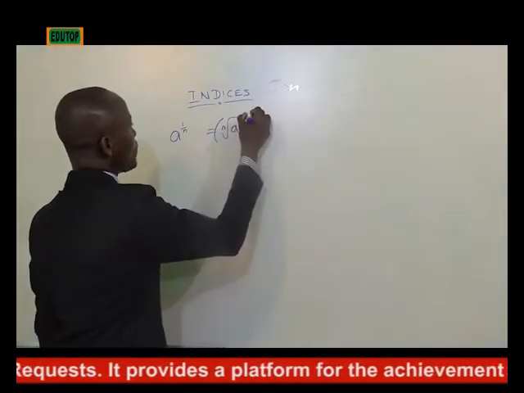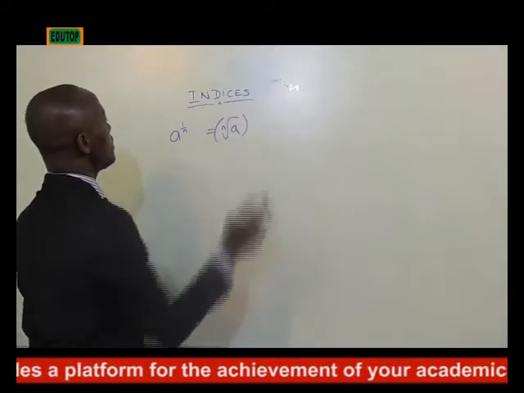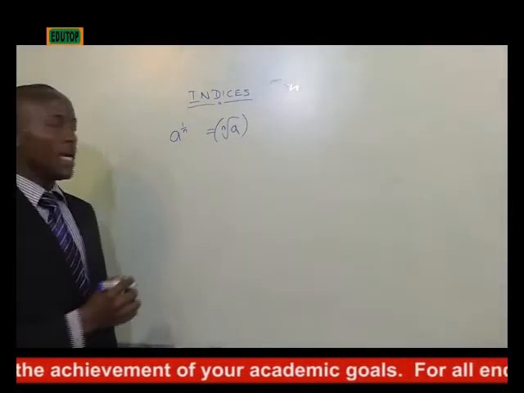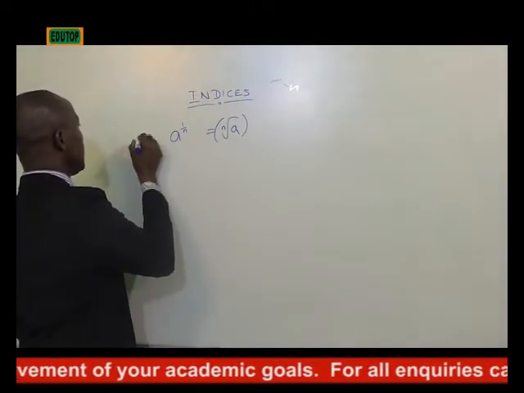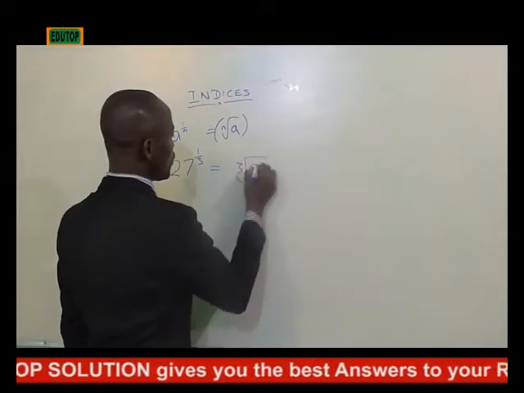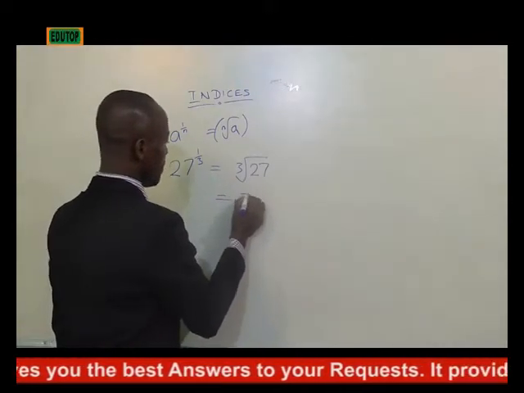But that is being treated under the seventh law. So the question we are taking for example 6 is 27 raised to power 1 over 3. That is the cube root, which is equal to the cube root of 27, which is equal to 3.